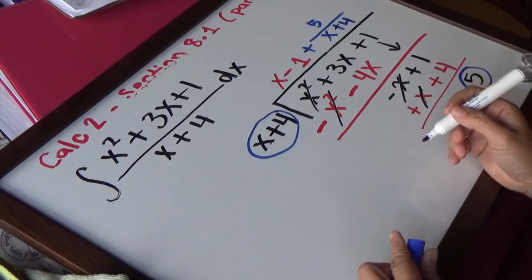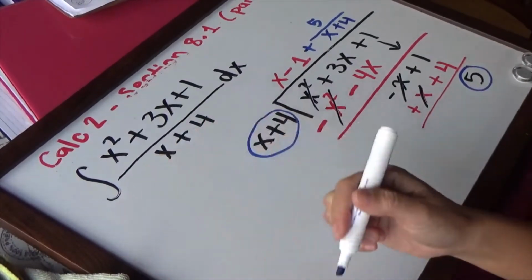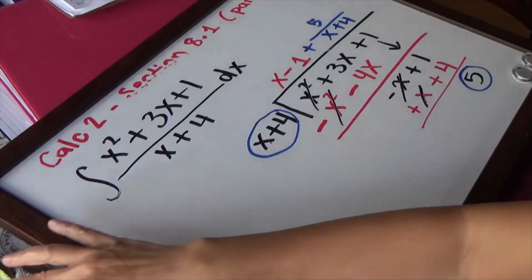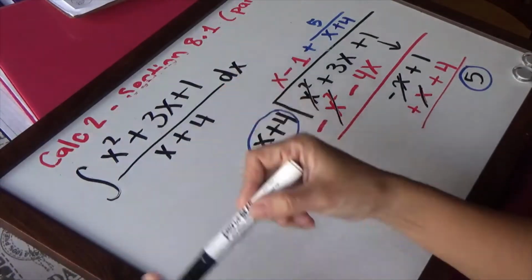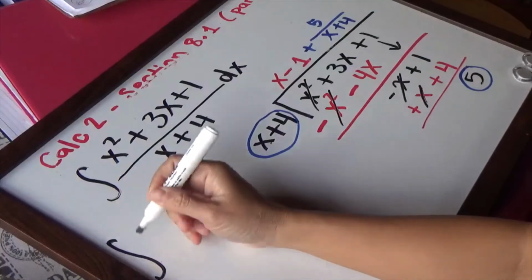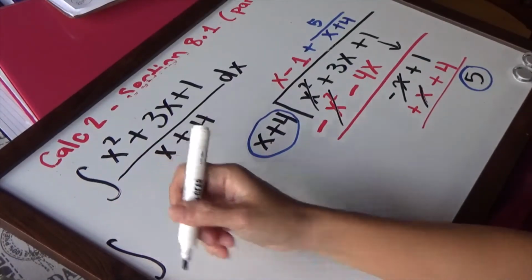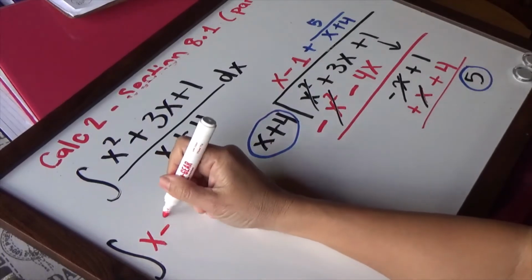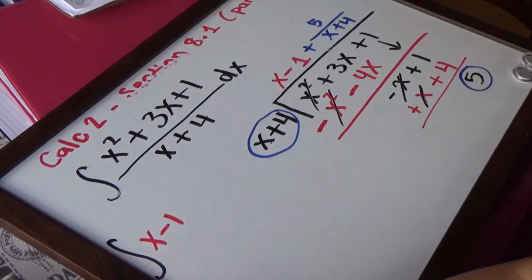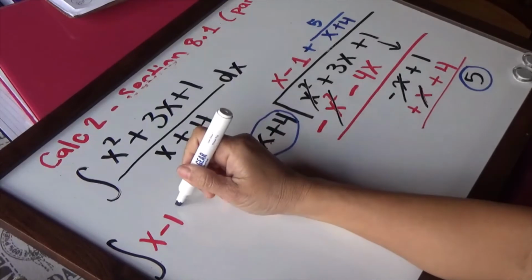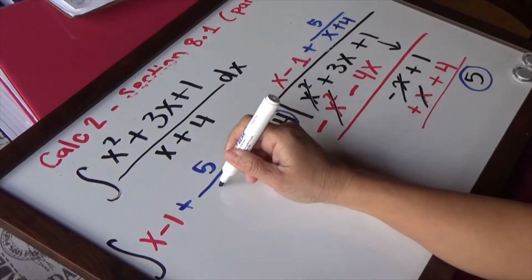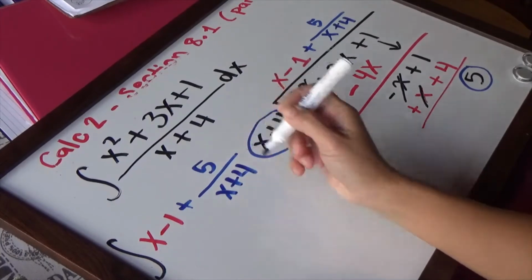Okay, so my integral right here will become, the answer would be, actually the simpler version of this is the integral of x minus 1 plus 5 over x plus 4.